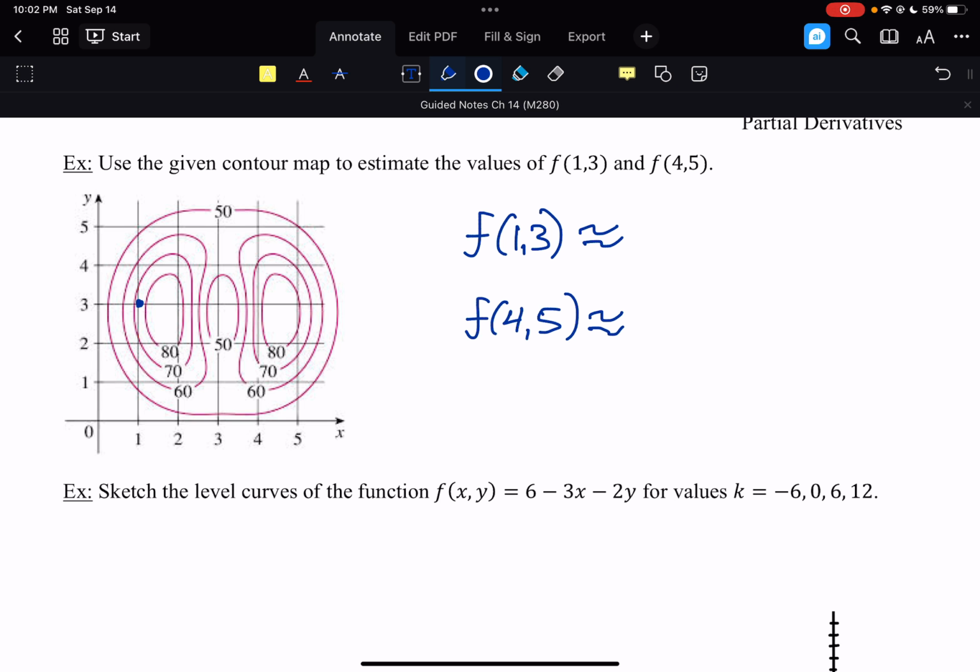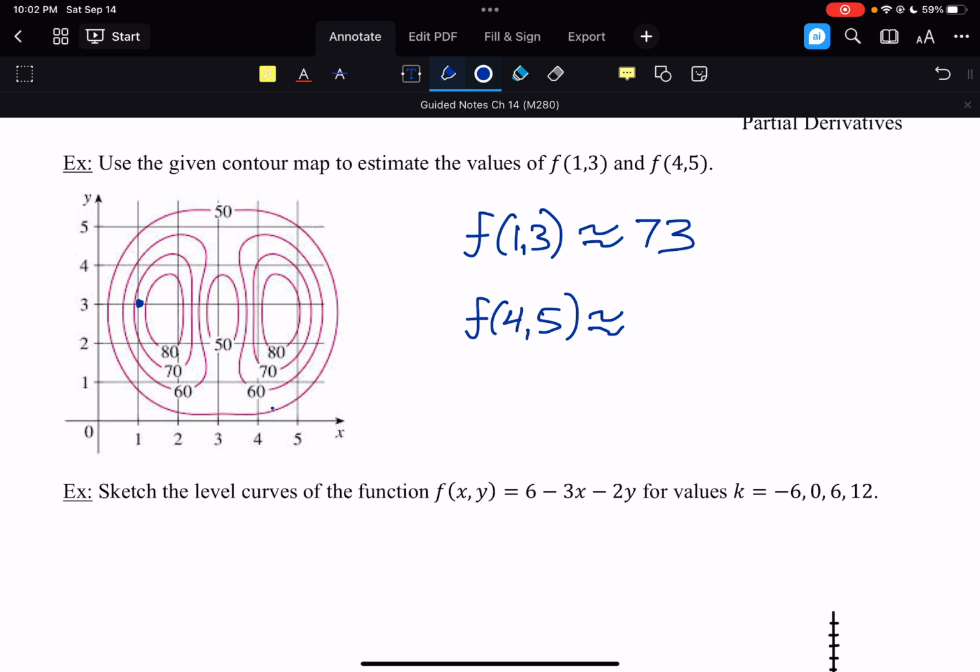So we need to estimate. So this contour is 70. This one is 80. So it's between 70 and 80. It looks to be a little bit closer to 70 than it is to 80. I would say somewhere in the maybe 72, 73 range. So this height would be about 73. And as long as we're anywhere in that ballpark, that's fine.